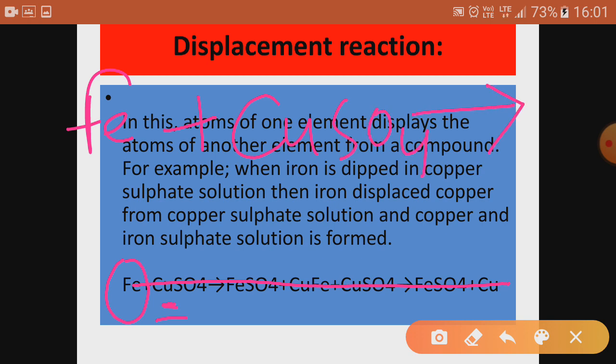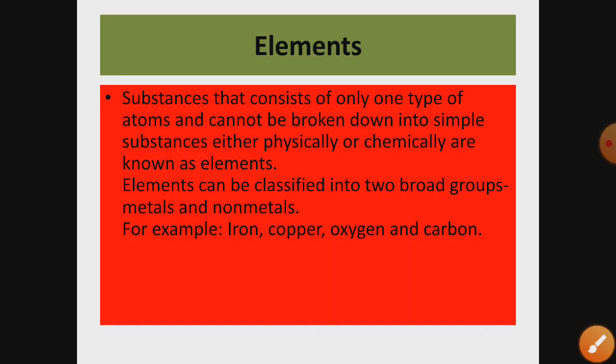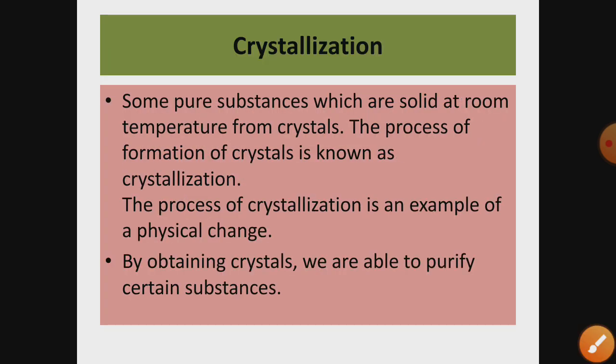So Fe will displace copper from its salt solution and the new substance formed will be FeSO4 plus copper. So this is how a displacement reaction takes place.